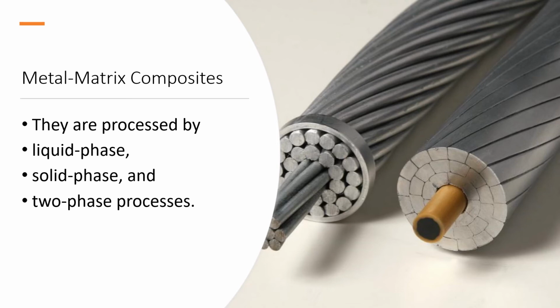Metal matrix composites, we process them by liquid phase, solid phase, or two-phase processes. And that's pretty versatile, of course, because you can do liquid only phase or solid only phase, and you can also do two phases.